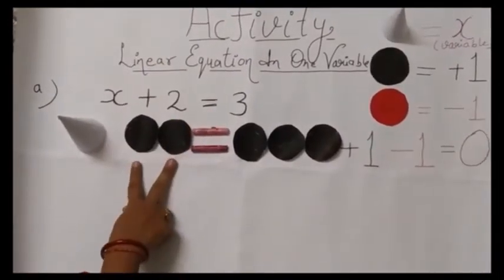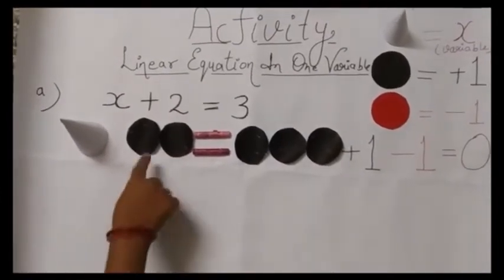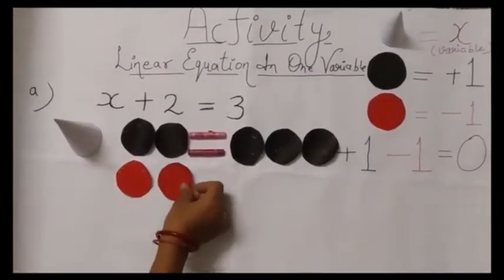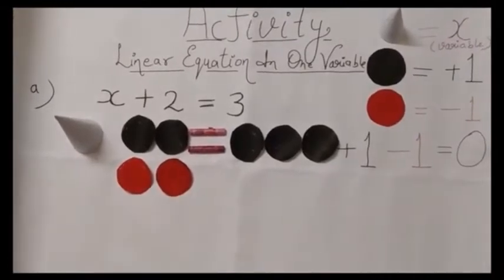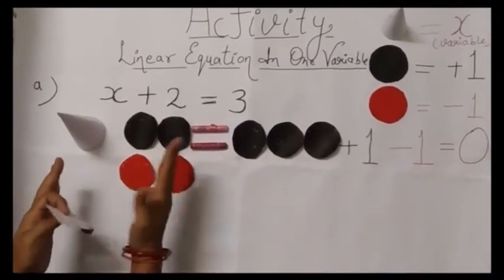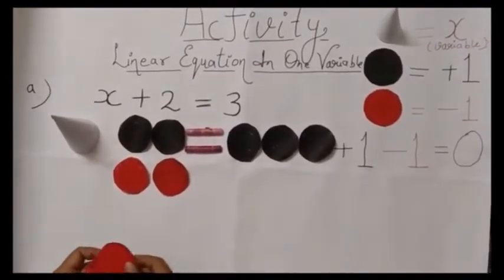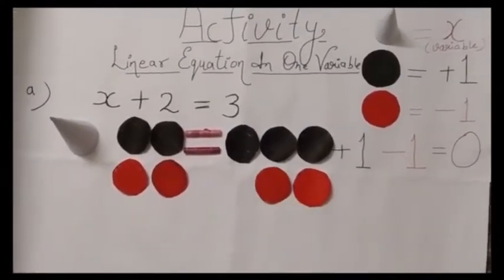So we have to remove the positive 2 here. In balancing method, to remove positive 2, what do we put? Two negatives, that is minus 1 minus 1. Now if we add or subtract something on the LHS, then we have to do the same thing on the RHS. So red and red.